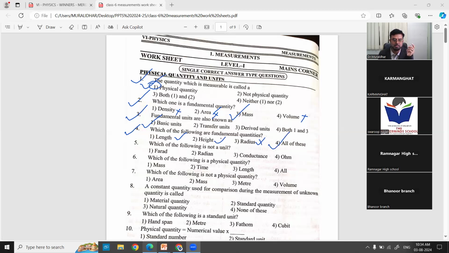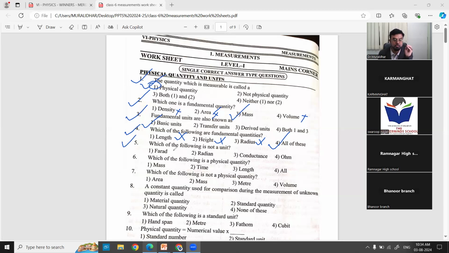All 3 are fundamental because all 3 are length only. If you want to measure height, we have to measure length only. Radius we will measure as length only. So all 3 come under length, so all 3 are fundamental quantities. The fourth answer is all of these.